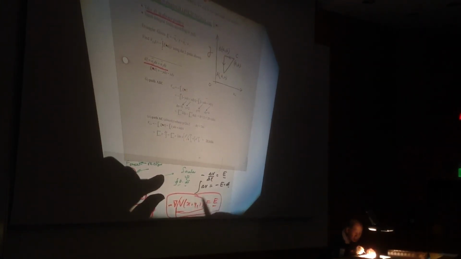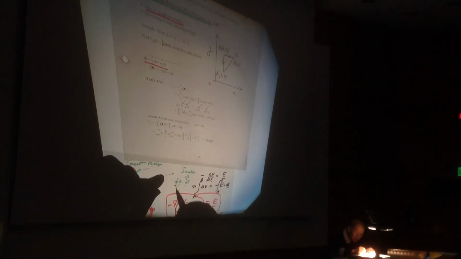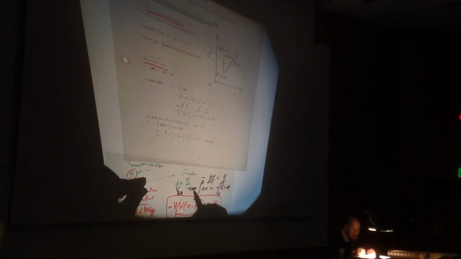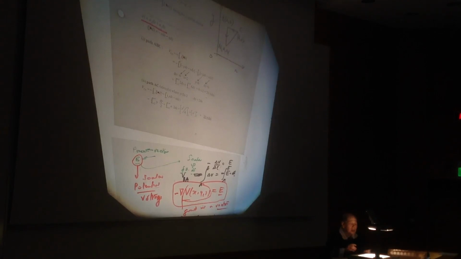So I integrate now from A to B, so you can see this is VBA. I integrate both sides, A to B. This comes from the integration of the differential law. So dV by dl is minus E. We are going to get from A to B, I integrate both sides the same way.